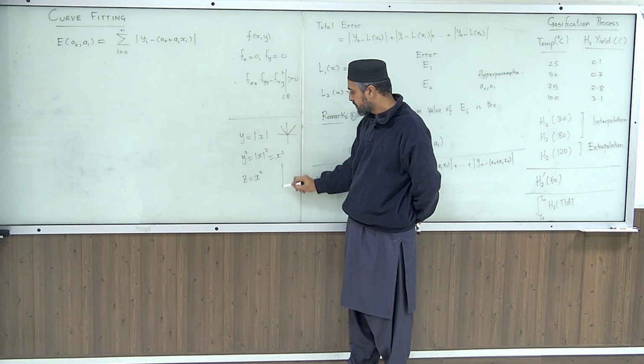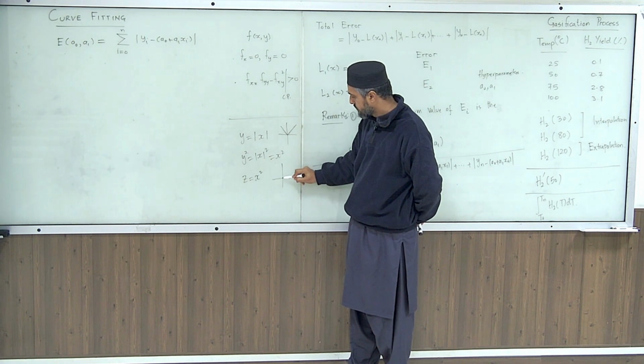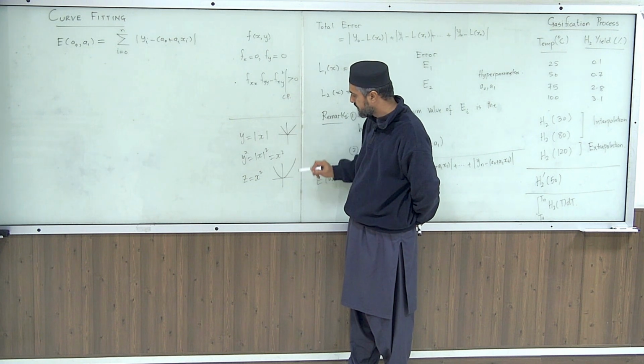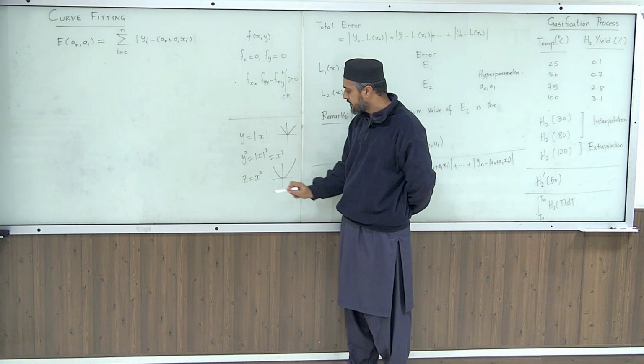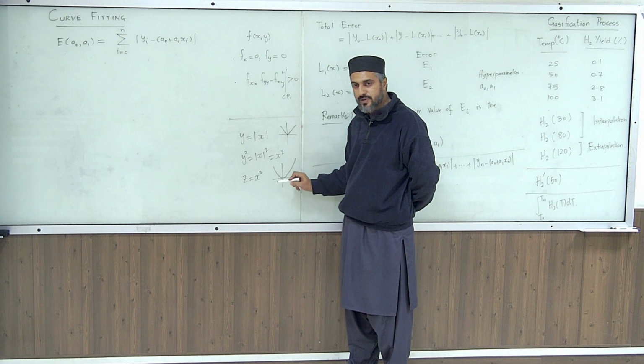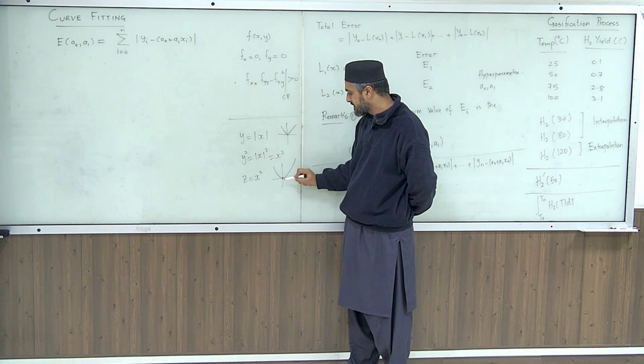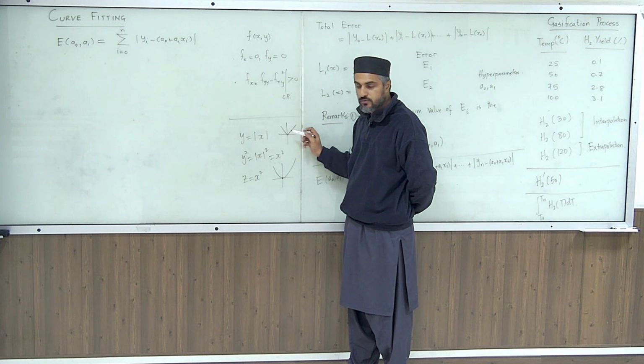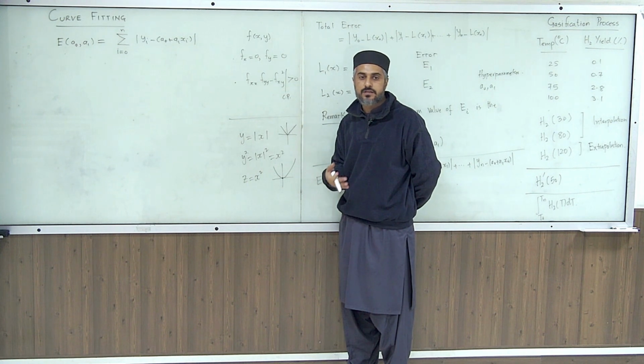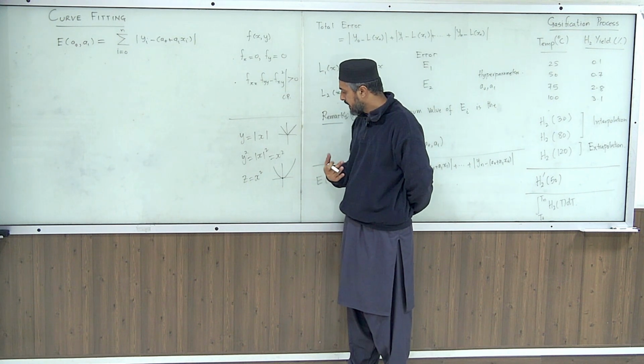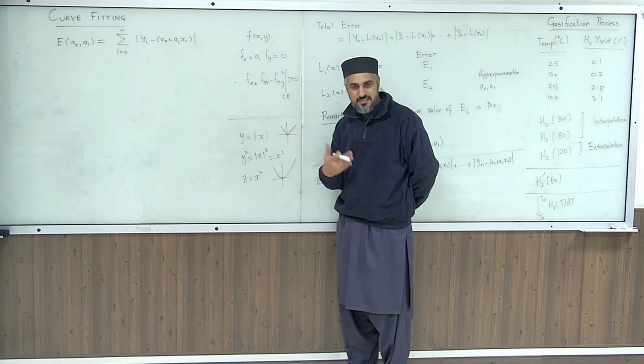Now if I just plot z equals x square, it will be a smooth function. And the minima of z equals x square lies at the same point as the minima of mod x. What we are interested in is finding at which point the function is minimum.